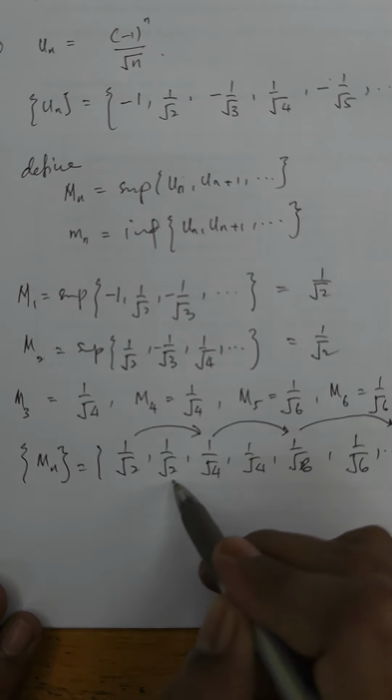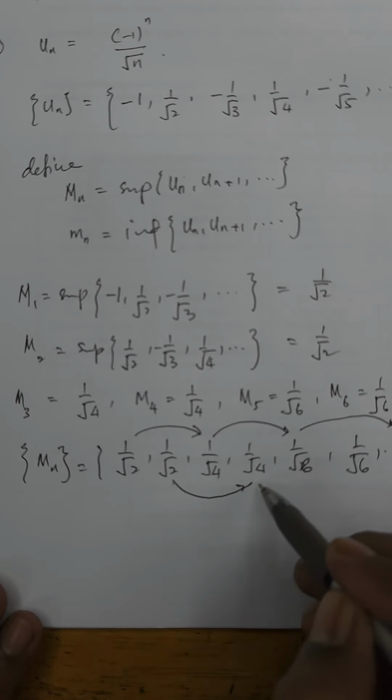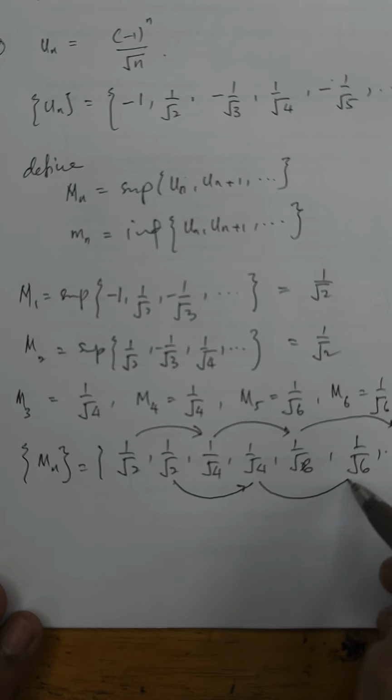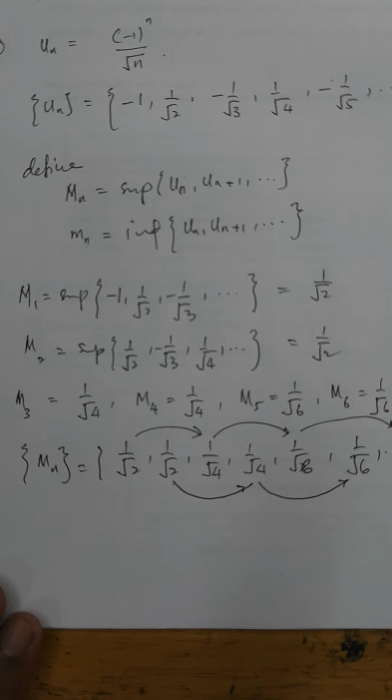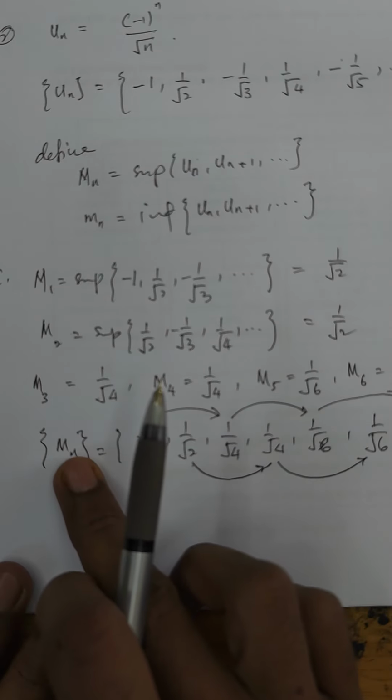Whereas for the other one, you have 2, 4, 6, and next 8, so it increases by 2 each time. So from there, you can have a general term of Mn.